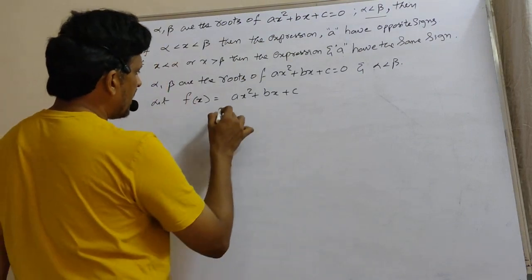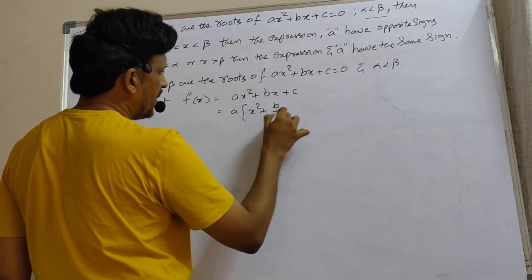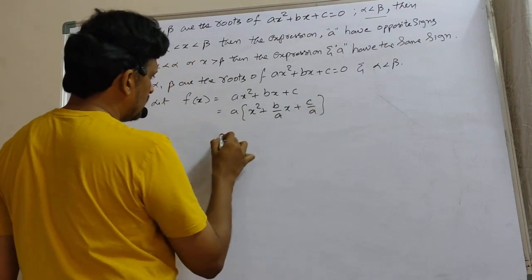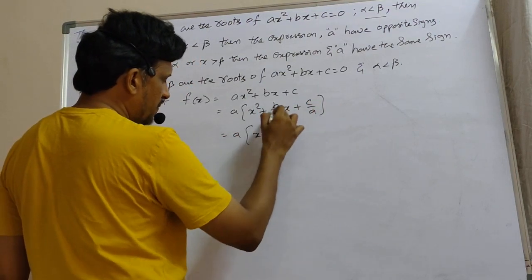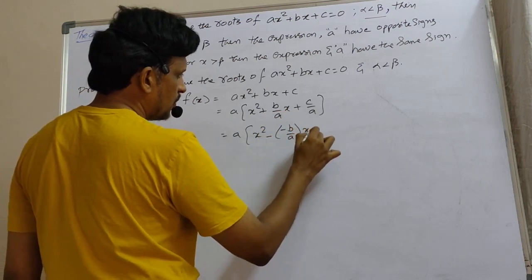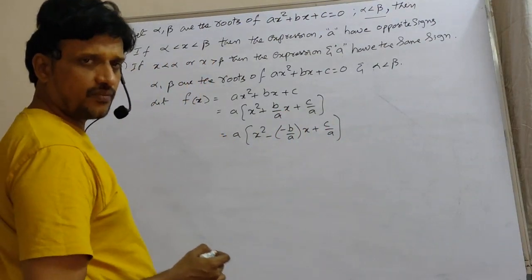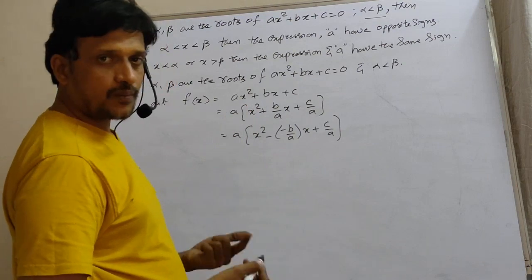Now you can write like this, by taking a common, you get a into x square plus b by a x plus c by a. Instead of plus b by a x, I am writing minus of minus b by a x, because minus of minus will be plus. Why am I writing like this?